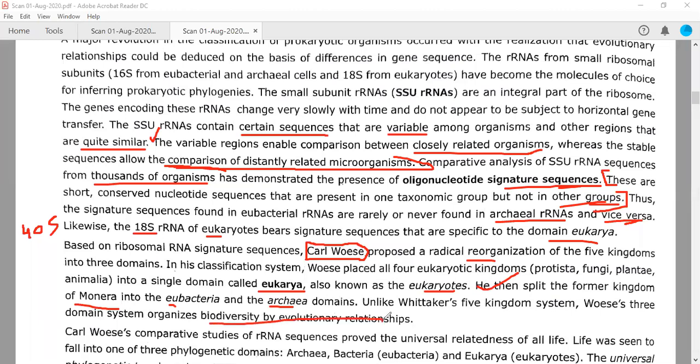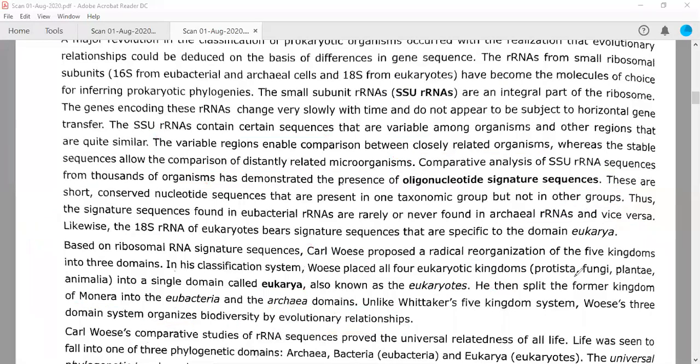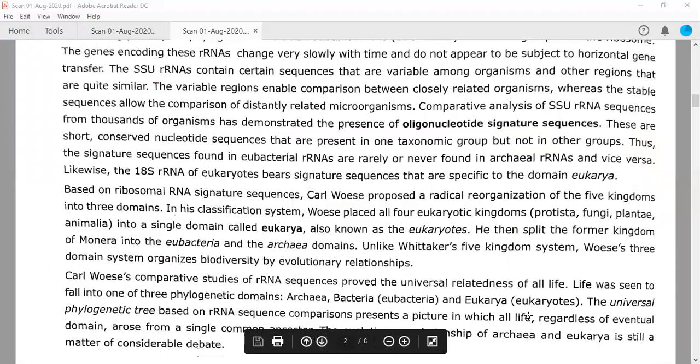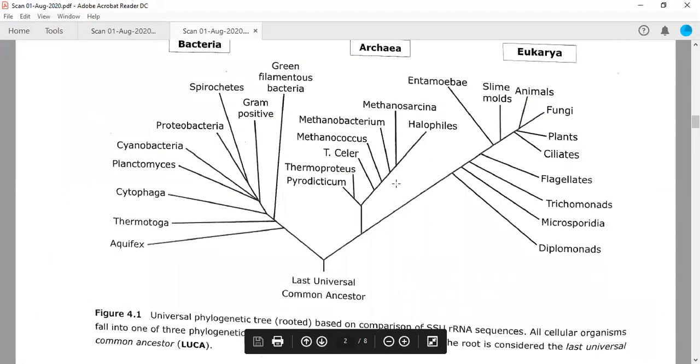Unlike Whittaker's five-kingdom classification system, the three-domain system organizes biodiversity by evolutionary relationship. If somebody asks you what kind of classification it was, the biodiversity was classified into the three domains of life depending upon the evolutionary relationships. And this phylogenetic tree, which is discussed after the paragraph, is actually showing the evolutionary relationship between different types of organisms.